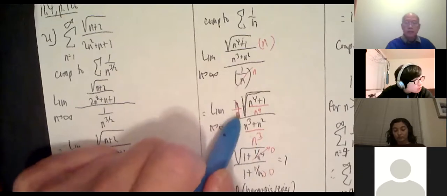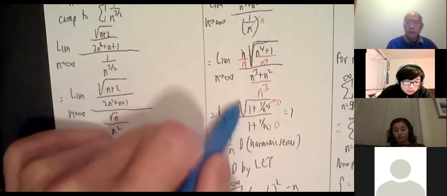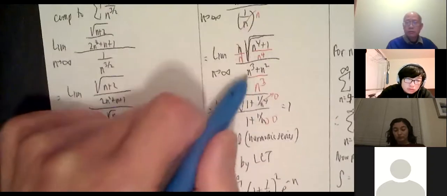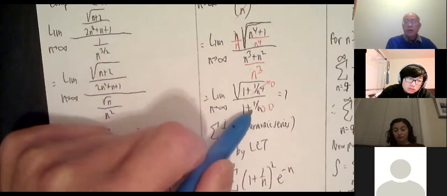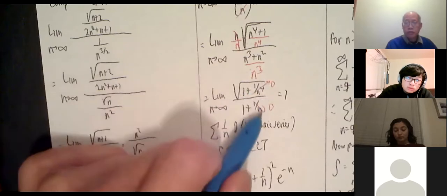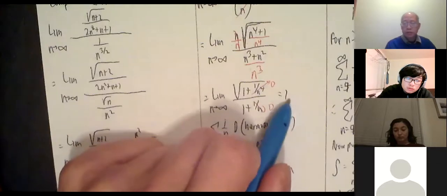So this drops out completely. Limit as n approaches infinity of 1. So that becomes square root of 1 plus 1 over n to the fourth, over 1 plus 1 over n. And there it is. When n gets super big, 1 over n to the fourth approaches 0, that approaches 0. So I have square root of 1 over 1, which is 1.